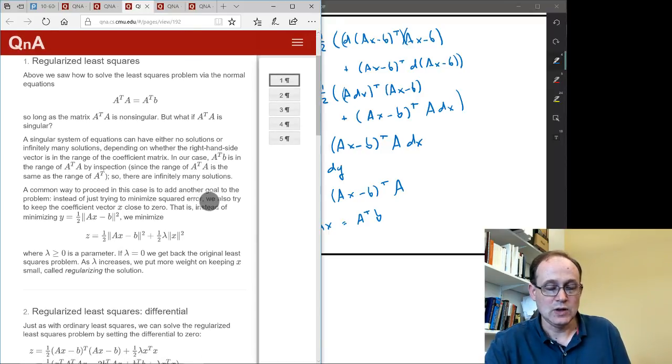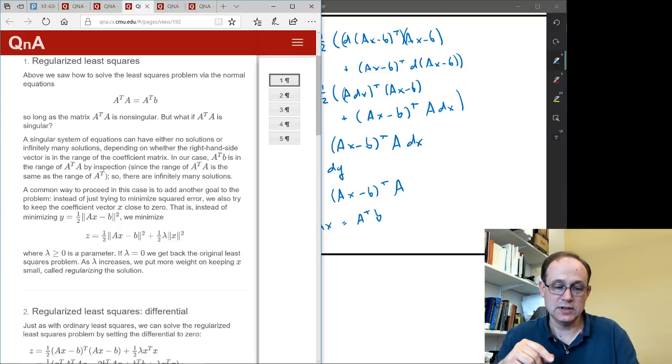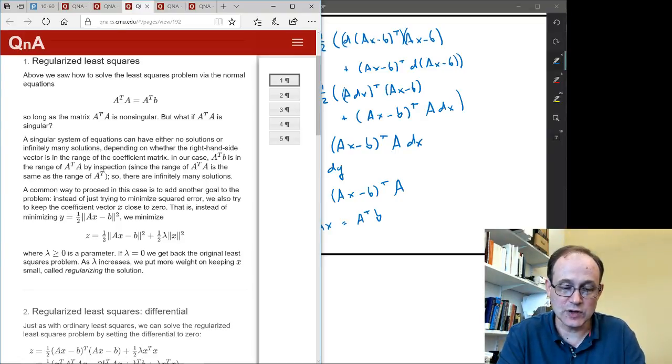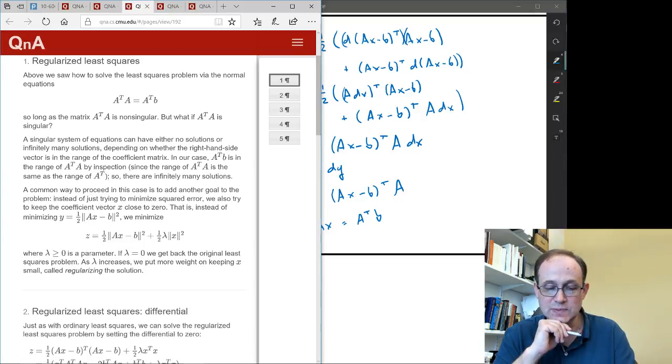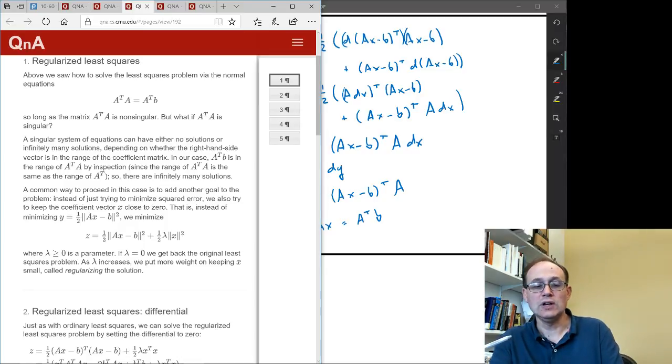So what if, in the normal equations, A transpose A is singular? Then you're not necessarily going to be able to solve for x. Sorry, this should be A transpose Ax equals A transpose b. Again, I'll fix that. So your question is, what if you can't solve for x because A transpose A is singular?